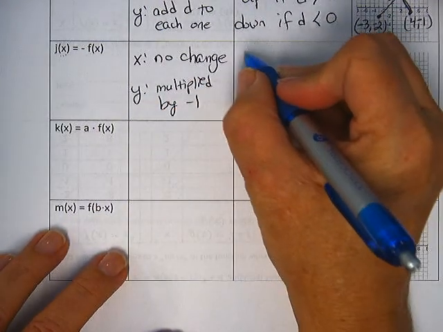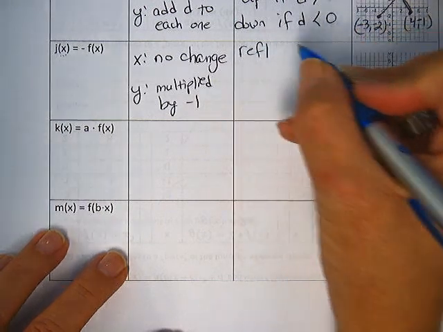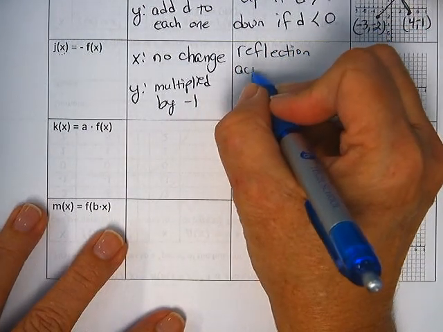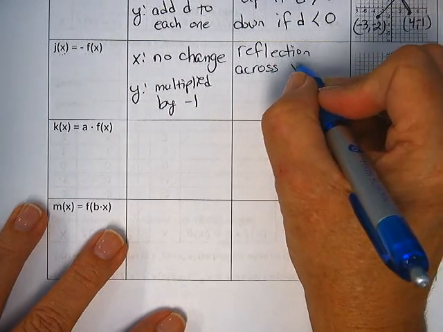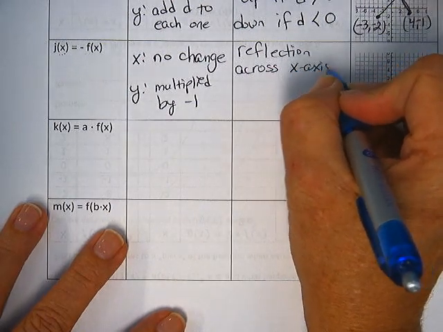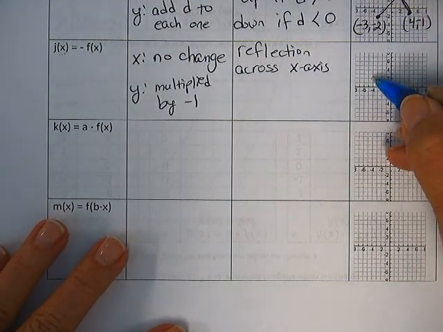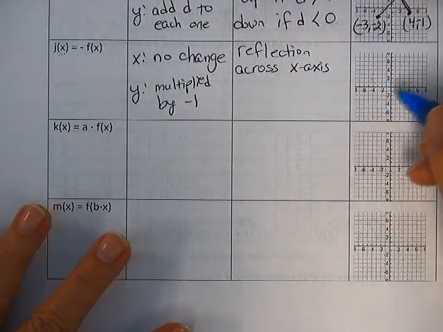This resulted in a reflection across the x-axis. So whatever had been below the x-axis will be above it. Whatever started above it will be below it.